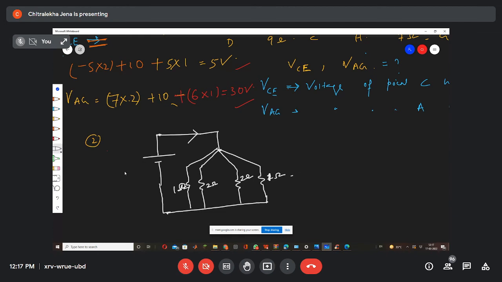I have not calculated the voltage, it is simple, take 10 volt. You will find out what is the current flowing here. Quickly, what is that last resistance? 1 ohm, 1 ohm, 2 ohm.